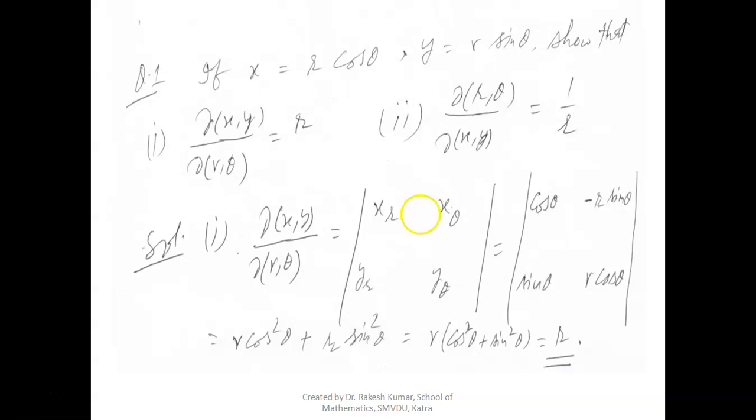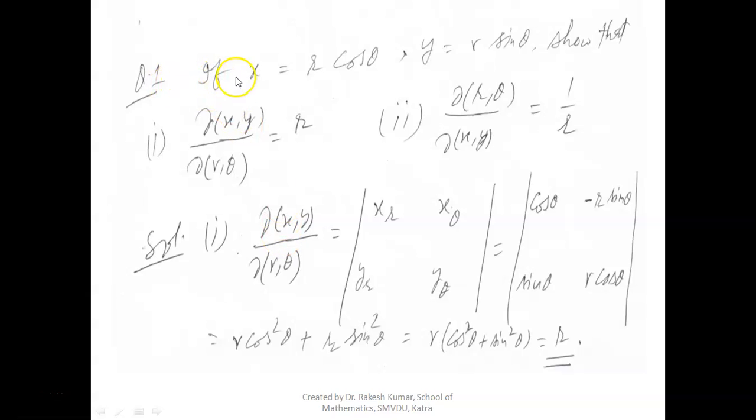If there is a conversion of Cartesian to polar coordinates, if x is equal to r cos theta, y is equal to r sin theta, then the Jacobian of x, y with respect to r, theta would be equal to r, and similarly the Jacobian of r, theta with respect to x and y will be 1 upon r. So these concepts are also used there.